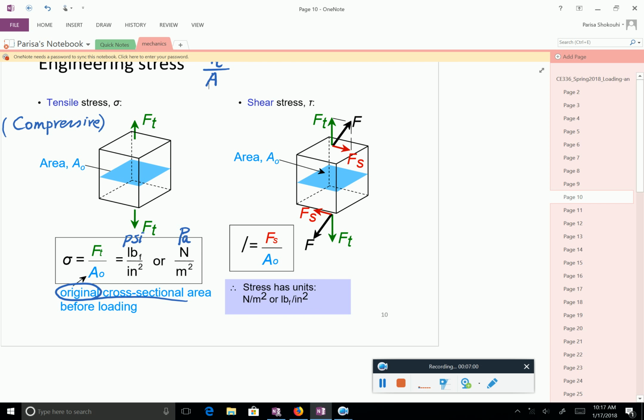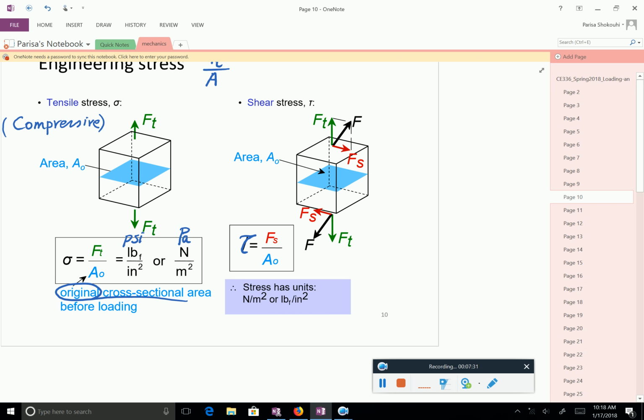Now, how about shear stress? Shear stress, tau, is defined the same way. If we are talking about engineering stress, you divide the force by area. But pay attention to which force we are dividing. We are dividing the force which is parallel to this area. In terms of normal stress, you are dividing the force which is perpendicular.